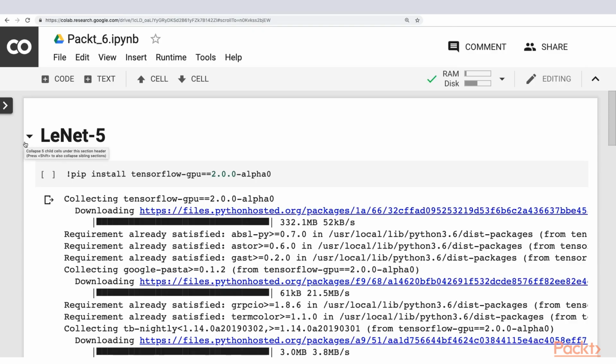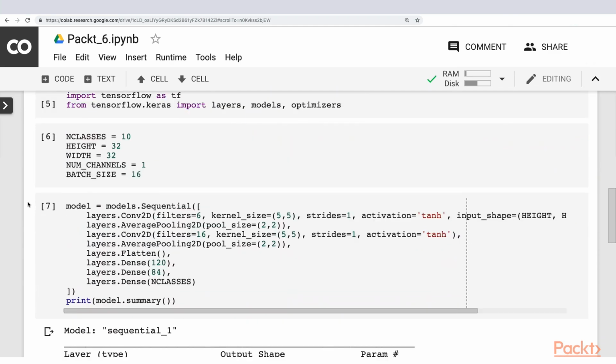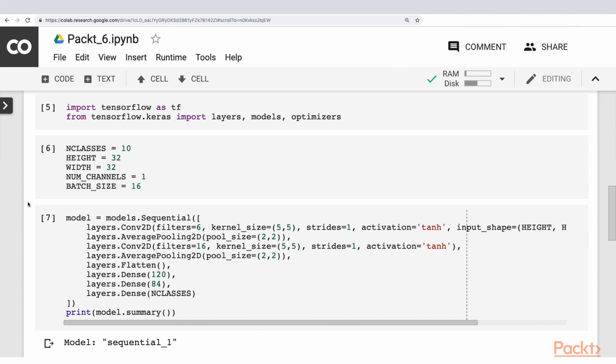In 1998, a new architecture called LeNet 5 became prominent for its classification accuracy of the MNIST dataset. We've got this architecture up on screen. The images in the MNIST dataset are monochrome, so there's only one color channel and the images are 28 by 28 pixels. There are two convolution layers. The first has 6 filters.